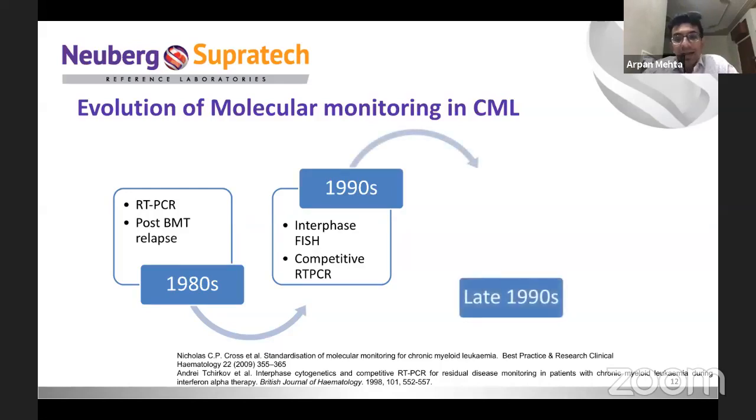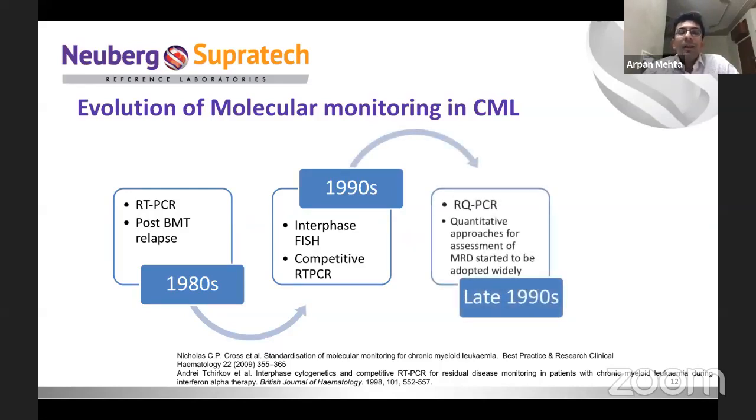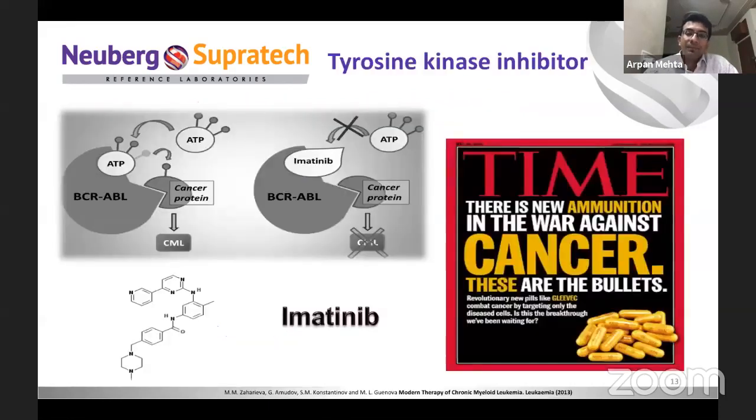And in the late 1990s, quantitative approaches for assessment of MRD were starting to be adopted widely. So it was during this time, about 2001, that this wonder drug turned the tables. So imatinib binds to the ATP binding site on the BCR-ABL1 kinase, and it inhibits the proliferation of cancer cells.